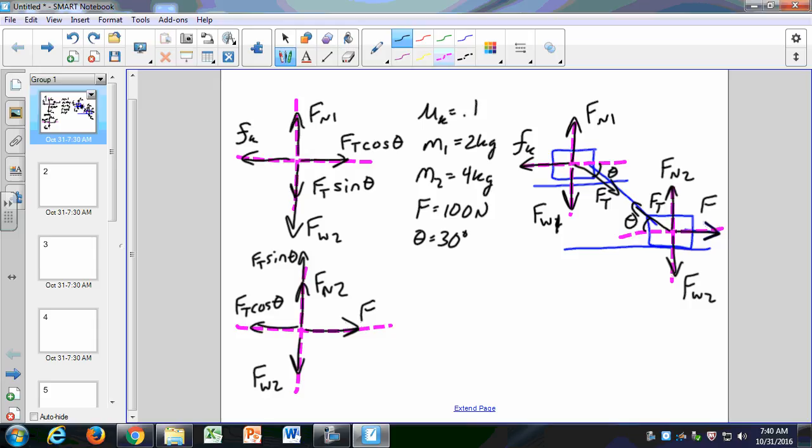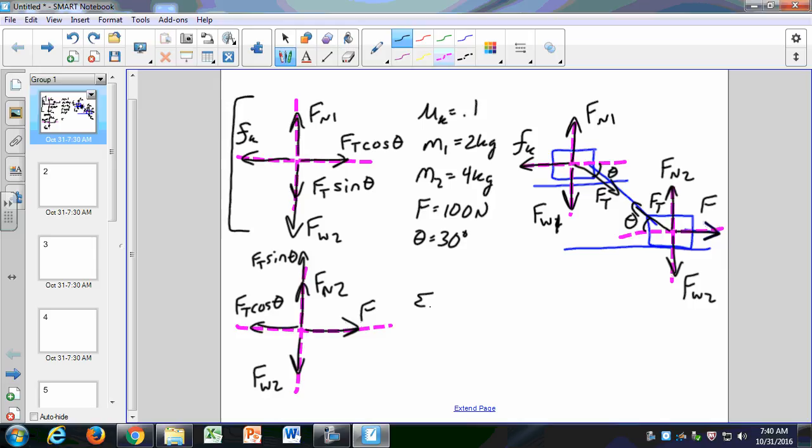So those would be your known values here. And what I want to know is, for example, what is the tension or what is the acceleration of this block? Those are your 2 unknowns, that you don't know the tension and you don't know the acceleration of the system. You would set up your equations starting up here.